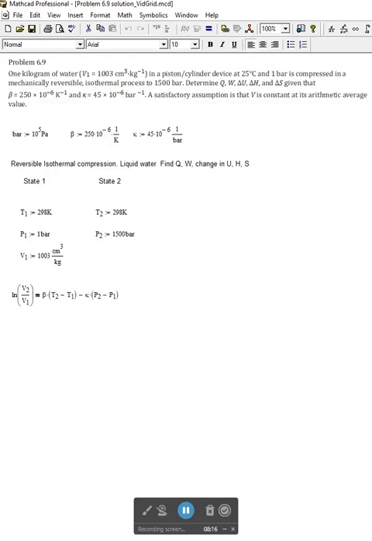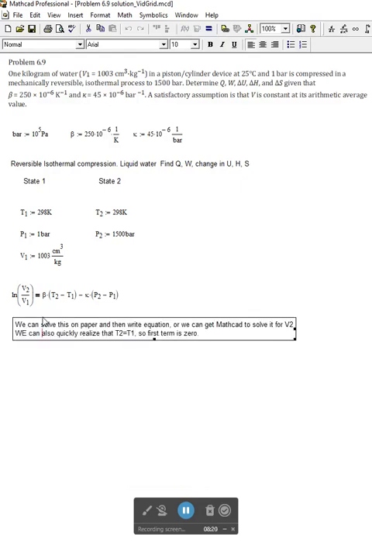And so I can just put this here. We need to solve for V2. The first thing we are going to do in this problem is solve for the volume so that we can fill in our property values in this little table up here.